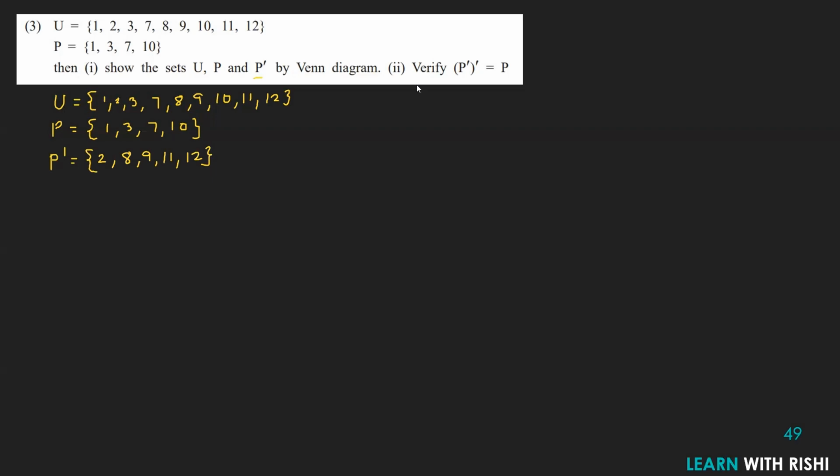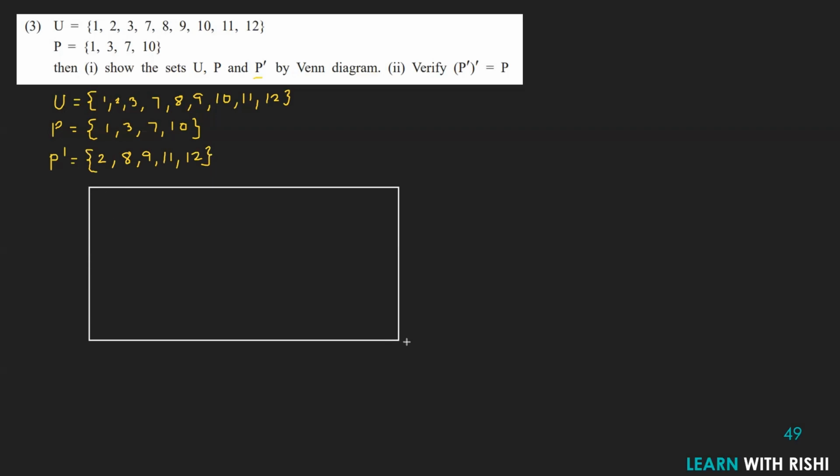In the Venn diagram, first we'll draw the universal set with a rectangle. So this is our universal set. Now we have two sets, one is set P and the other is P complement. So here we have to draw two circles showing the two different sets. In the previous question, we had only one set, but now we have two sets.